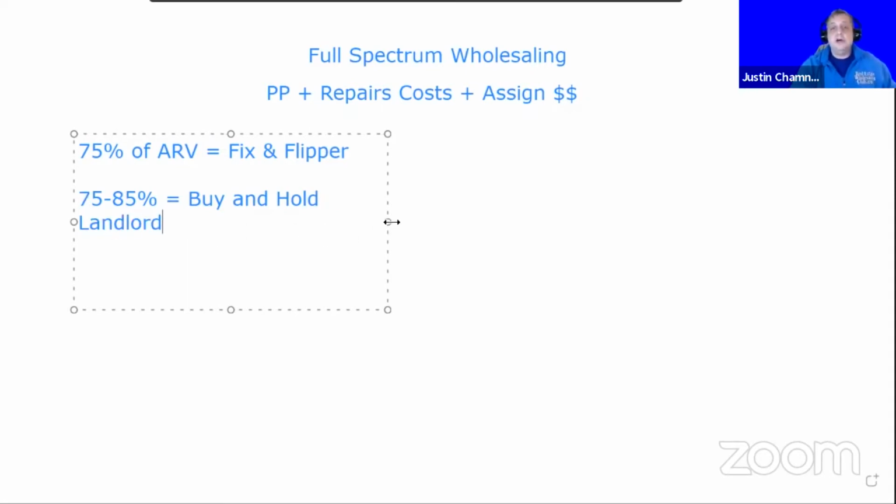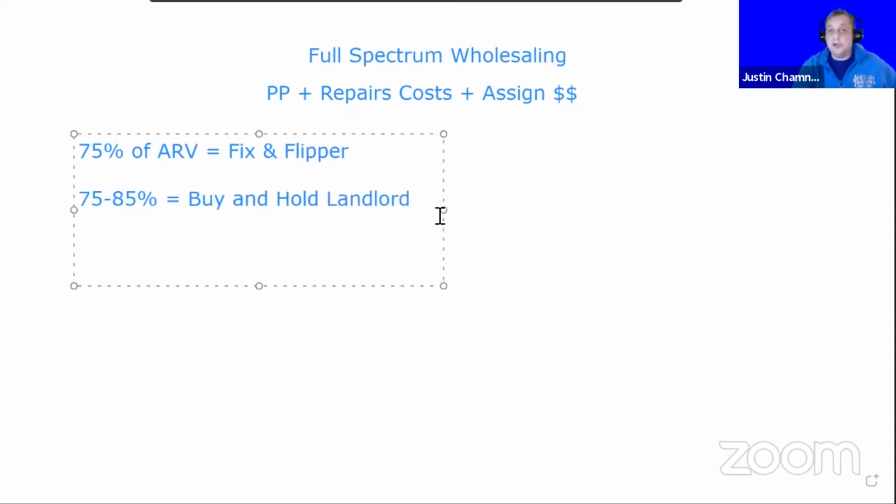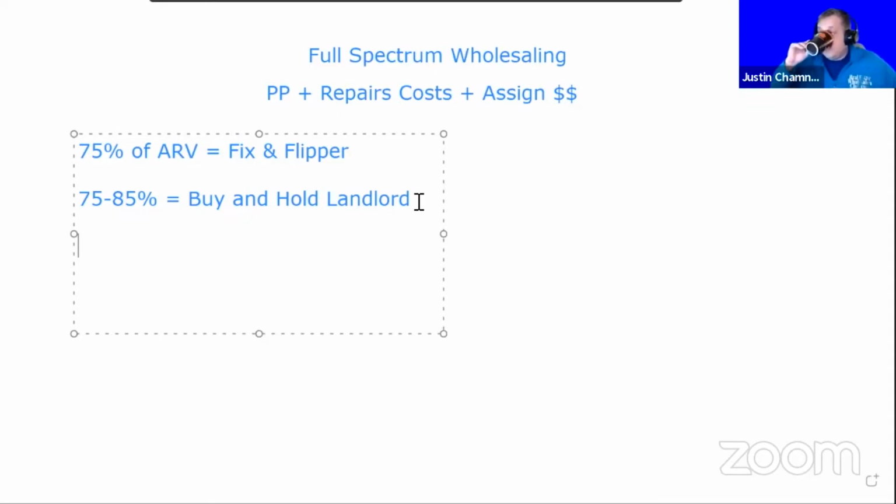Now, I also want to check the neighborhood and see if it's a crime neighborhood and so on and so forth. If it's a decent neighborhood, where people want to live, blue collar people, the working class, that's who I'll contract that deal with right there. Boom. I'll find a landlord to buy that house.